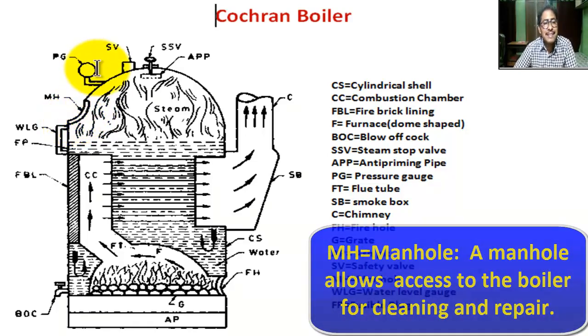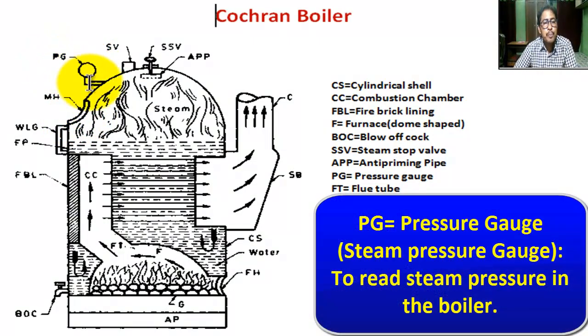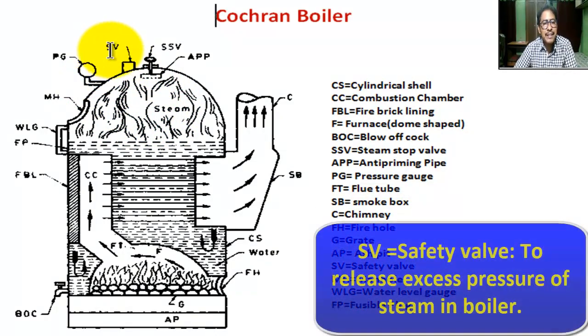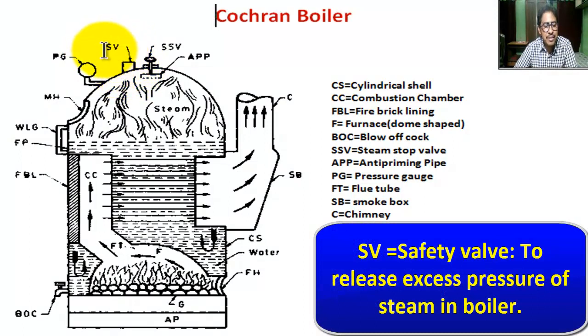Okay. Now this is PG. PG means pressure gauge, steam pressure gauge, to read the steam pressure inside the boiler. This is SV. SV means safety valve, to release excess pressure of the steam in the boiler.